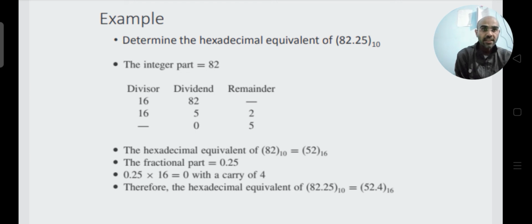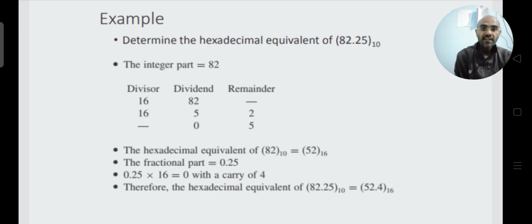The procedure we will use here will again be the same, but the divisor will change, and in this case the divisor will be 16 because the answer is required in hexadecimal.